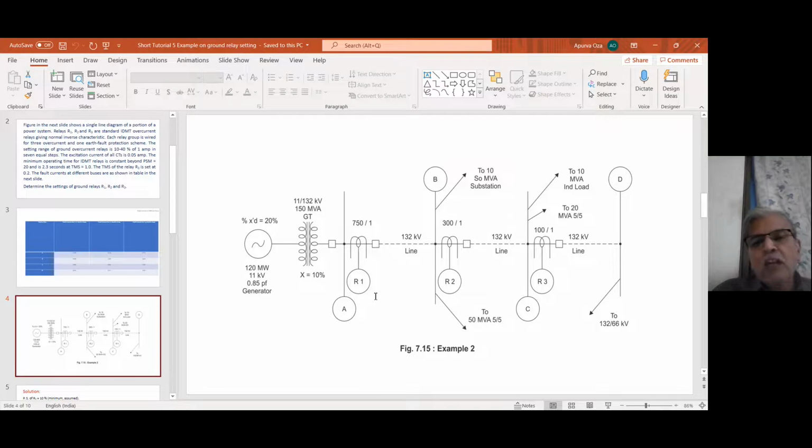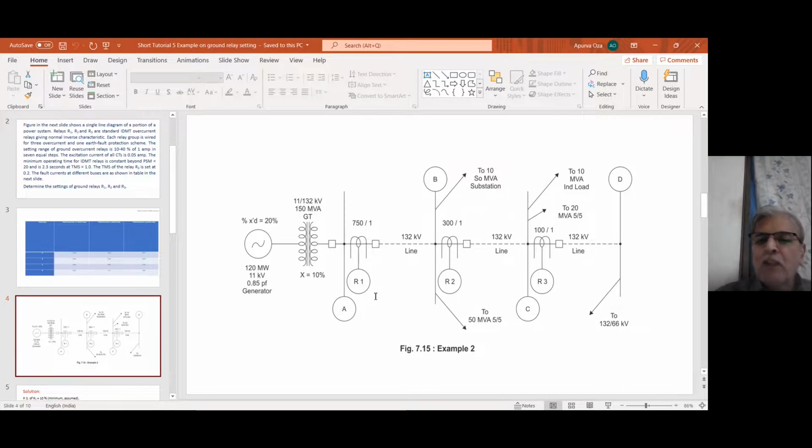We would like to go ahead in steps, because those who are already working in industries, and those who have their plants, probably find this too simple. But those who are students, I have seen, because I have worked as a teacher for 26 long years, find it very difficult to calculate simple PSM, plug setting multiplier. Say my CT is 300 bar 1, fault current is 3000 ampere, and my relay is set at 100%.